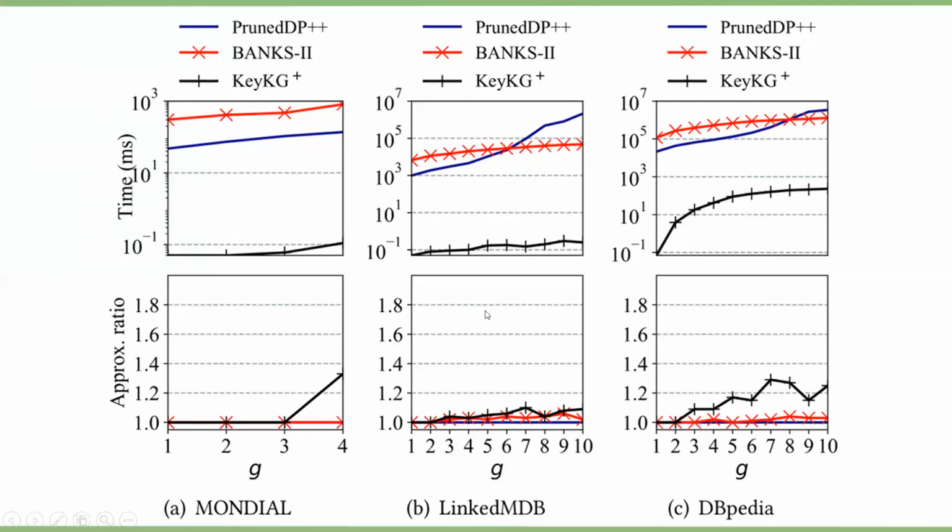And the sacrifice is that our approximation ratio is worse, but it's still acceptable. It's only 1.3 in the worst average case.